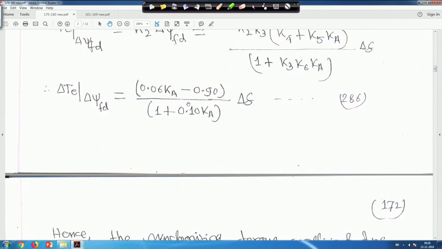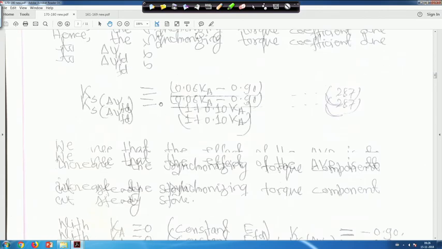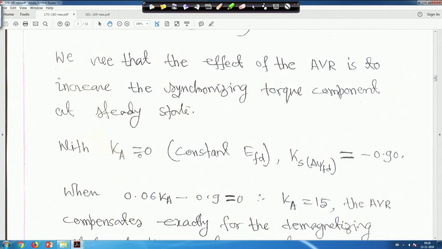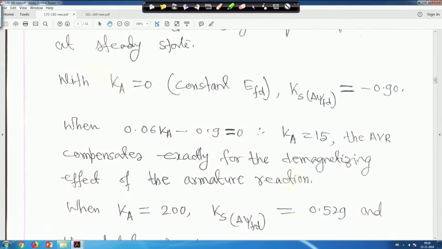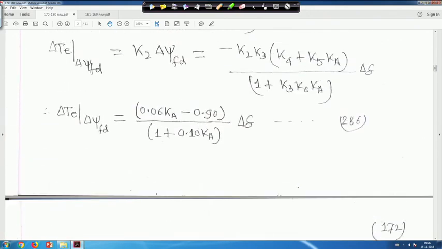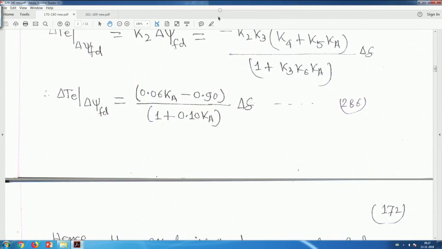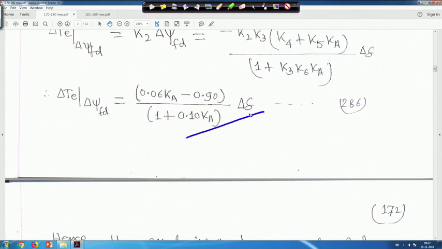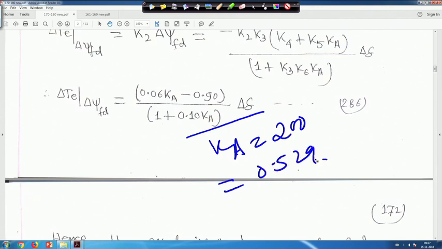Whenever we put K equal to 200, we get 0.529. So, if you look into this term, this is due to delta psi fd, such that your understanding will be clear. This is a function of delta, and when you put Ka equal to 200, you get this value, 0.529.